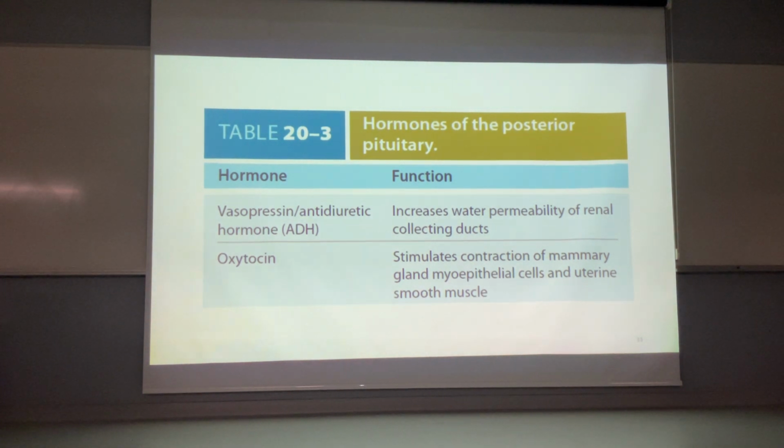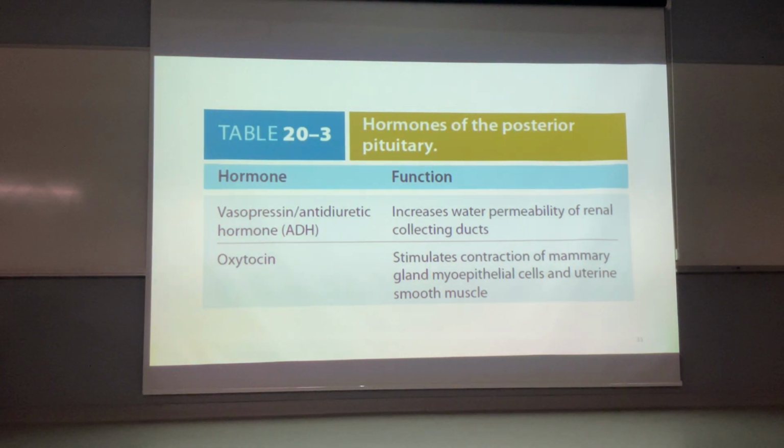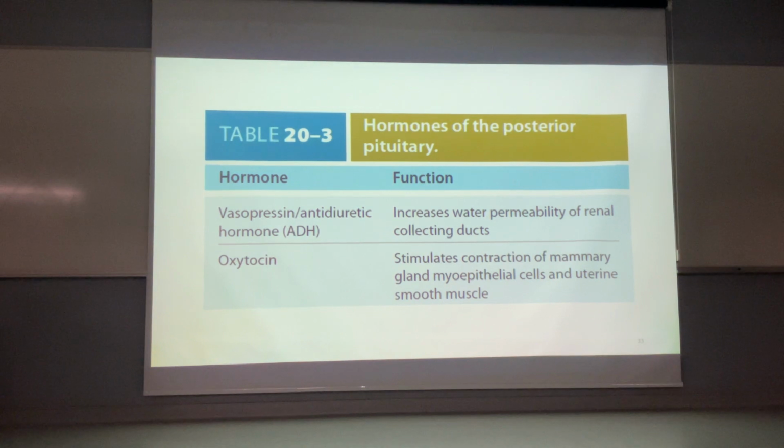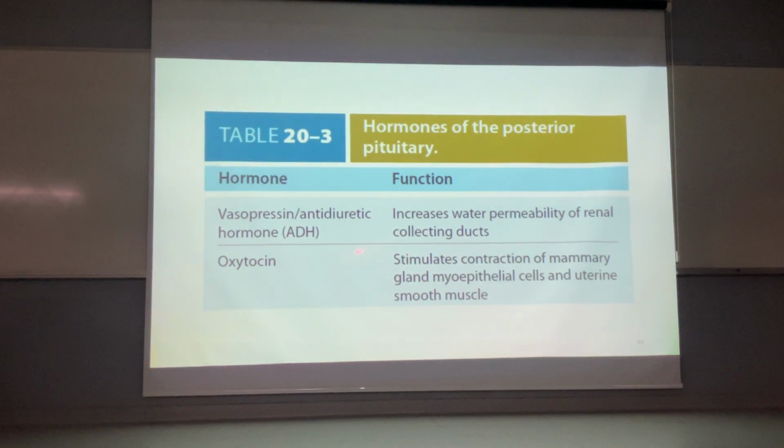In the neurohypophysis, we have two hormones, the antidiuretic hormone or vasopressin, and oxytocin. You know the source of these hormones, which come from the hypothalamus. The antidiuretic hormone can increase water permeability of the renal collecting duct, and can inhibit the secreting of water to the urine.